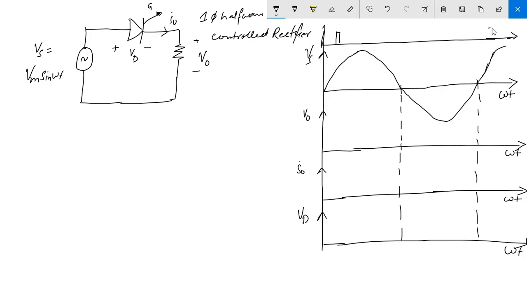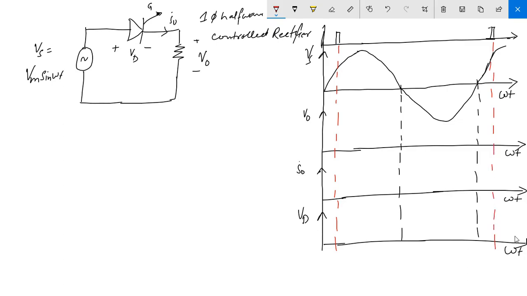Again, the triggering will be in the positive half cycle. So this is the positive half cycle and this is the positive half cycle, so you will get a triggering here. So the waveform will be intercepted from here only. Once you have your triggering pulse given to the SCR, the SCR will conduct at that moment.